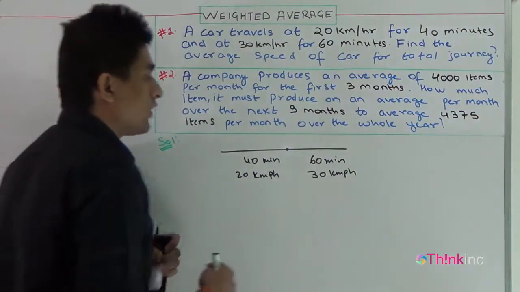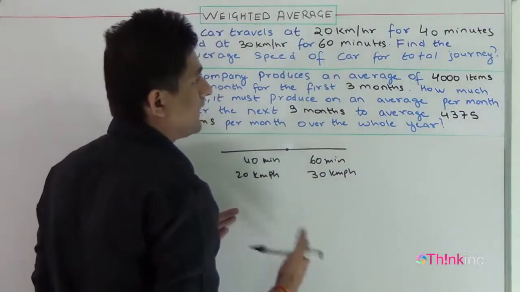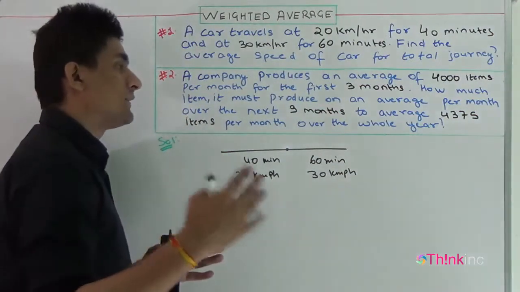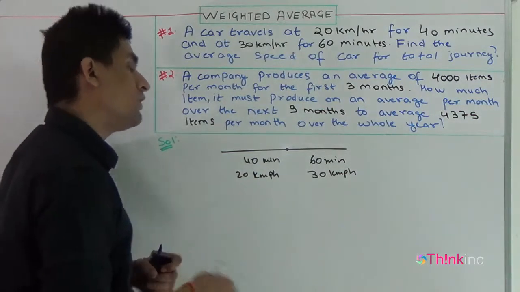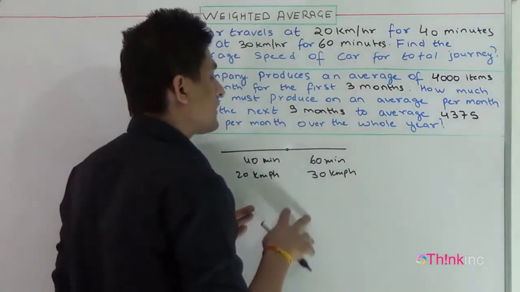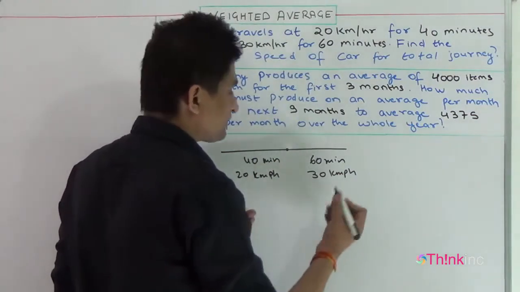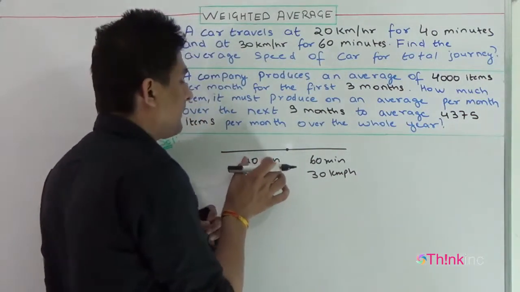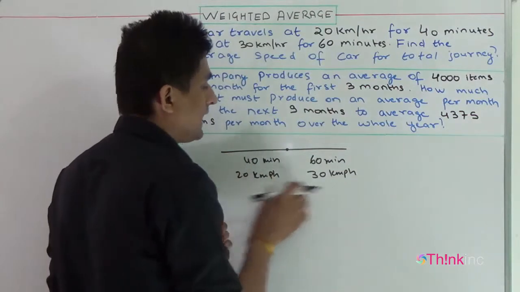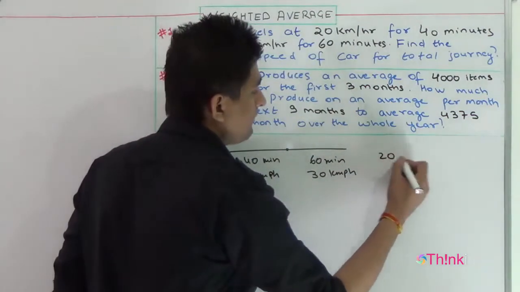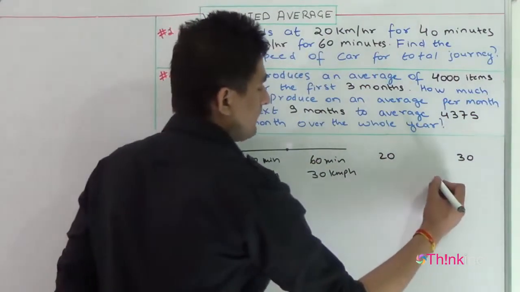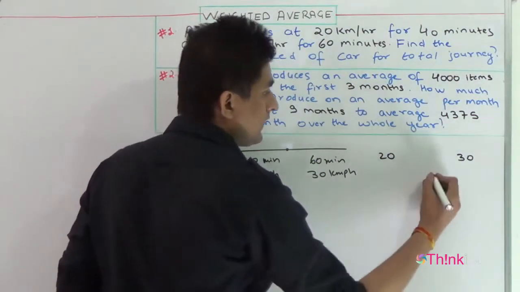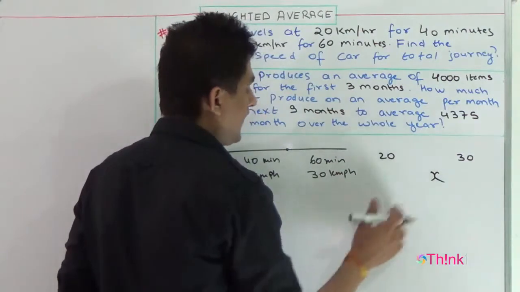You can solve this question by the basic method also, that is the total distance traveled by total time taken. You will get the answer by that method also, but here I'll solve the question by alligation. Here 20 km per hour is the average value, so I'll keep my A1 and A2 values like this, and then I'm assuming its average speed to be x.